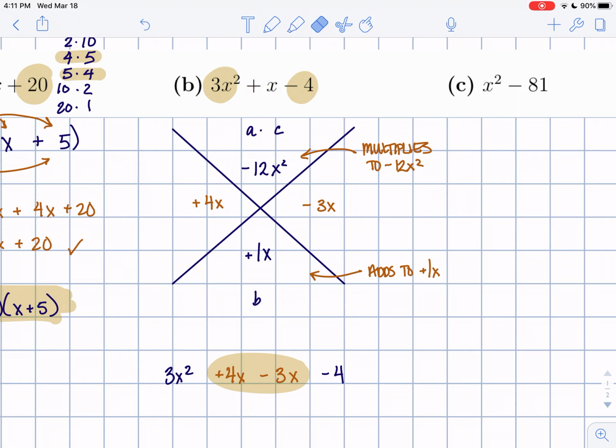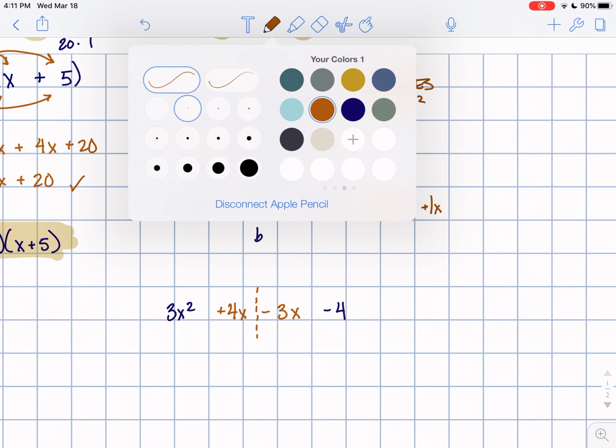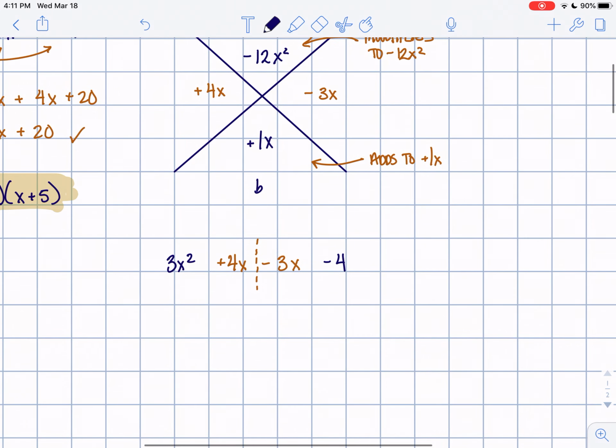So we haven't actually changed the equation at all, but we've rewritten it in a super helpful way, because we're going to go ahead and divide it down the middle, factor out what's common on the left side, which is an x, leaving behind 3x plus 4. On the right side, factoring out what's common, negative 1, leaving behind a 3x plus 4.